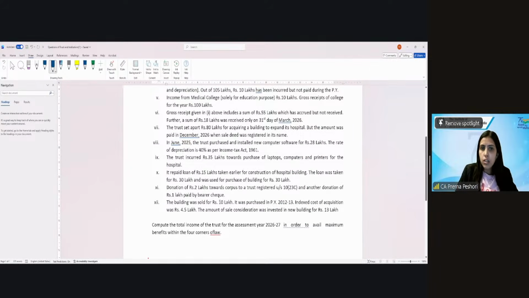So if I am taking the assumption that this is out of the income of the trust, then certainly you can consider 3 lakh as the application. But if the question is not specifying, then otherwise you can assume that we are not taking this 3 lakh, assuming this has been paid out of the corpus of the trust. Fine. Any other question? But good point.